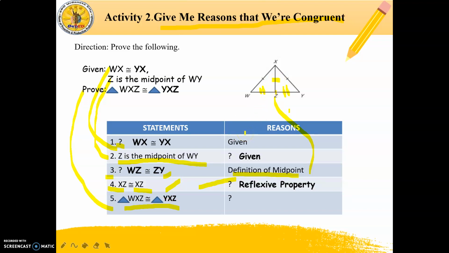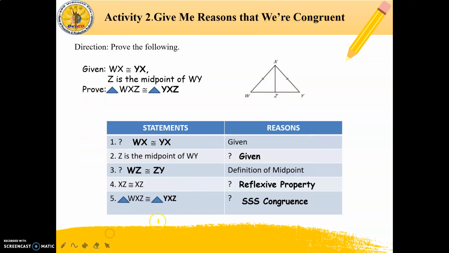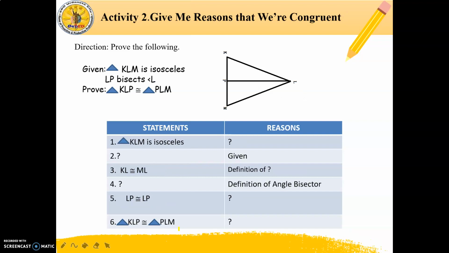Now, since the three corresponding sides of the two triangles are congruent, the two triangles are congruent by SSS, or side-side-side congruence. As easy as that. Just have to take note of the different rows of this column.